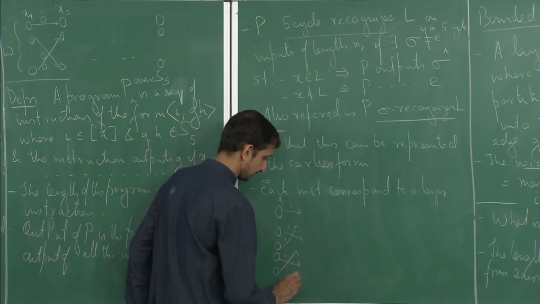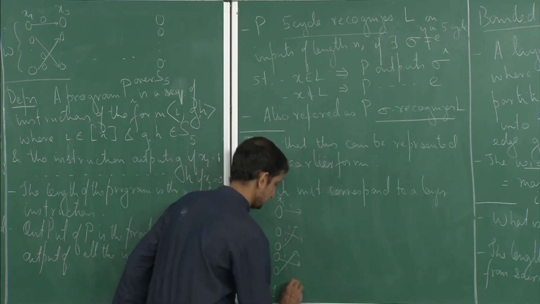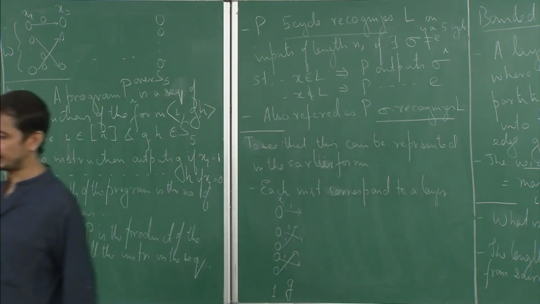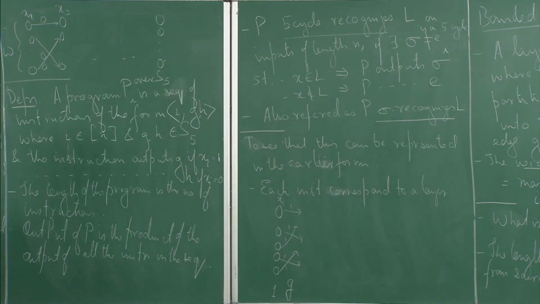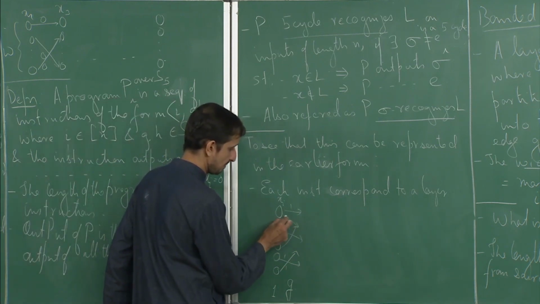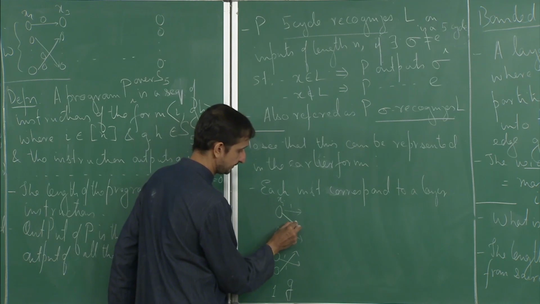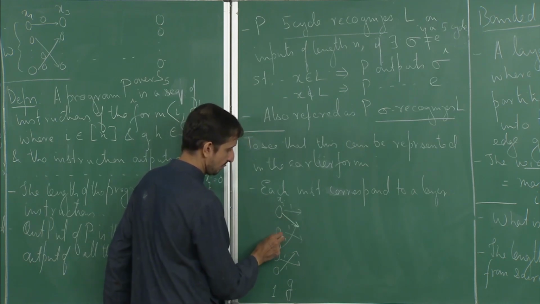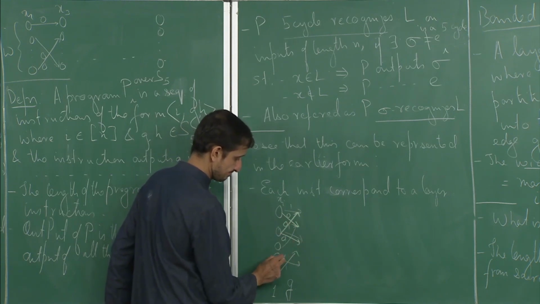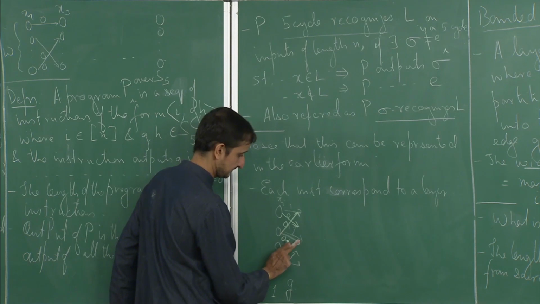So this is my g over here, and I can use a different color for all the edges marked by 0.